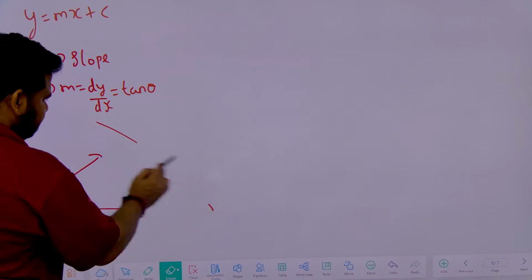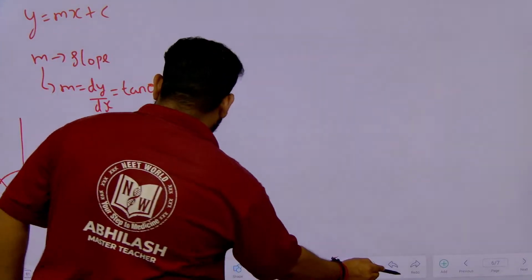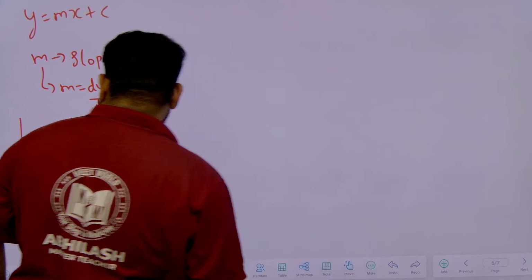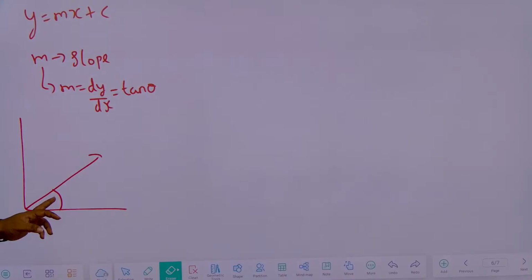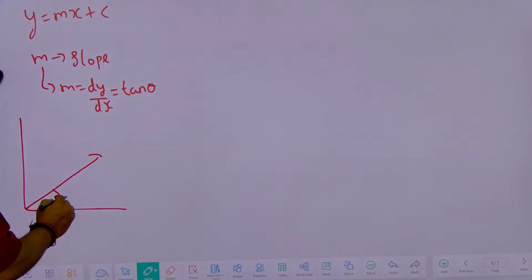Now see here, this is making angle theta with the positive direction of the x axis. So we will take this as a straight line.